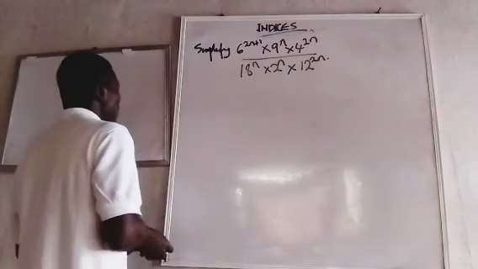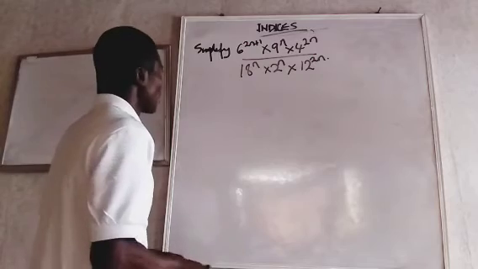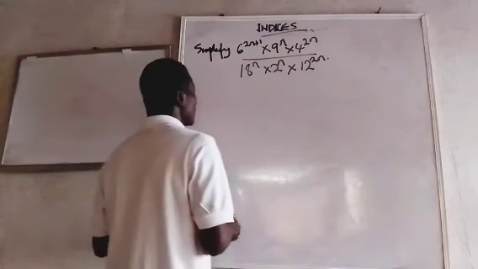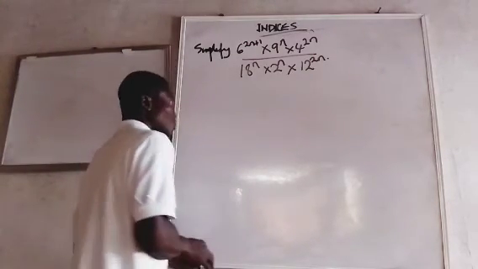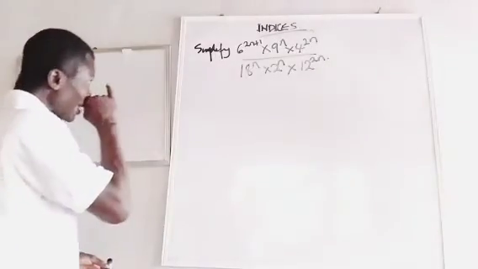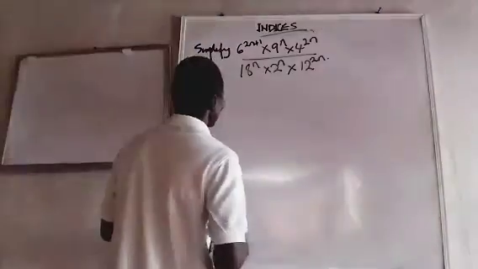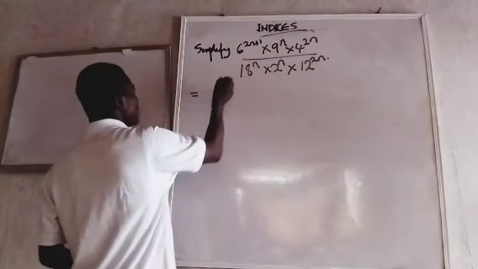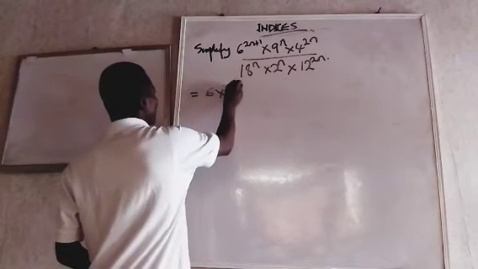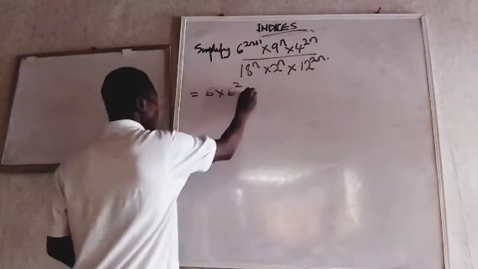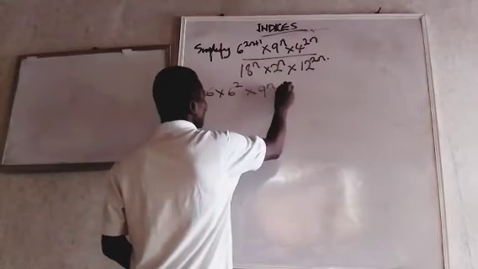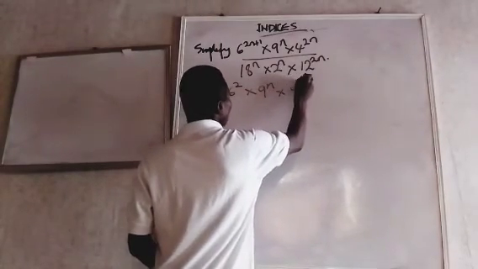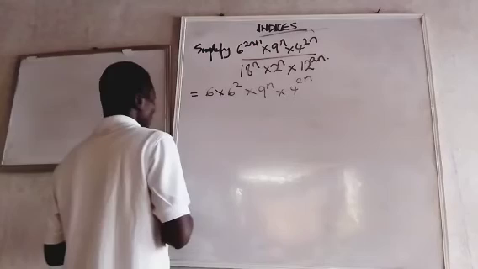The question says simplify 6 raised to power 2n plus 1 times 9 raised to power n times 4 raised to power 2n, divided by 18 raised to power n times 2 raised to power n times 12 raised to power 2n. You can easily make it simple by saying 6 times 6 raised to power 2n times 9 raised to power n times 4 raised to power 2n. You see?